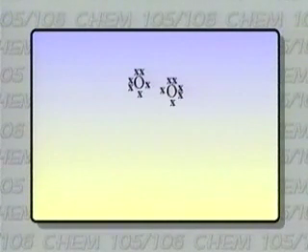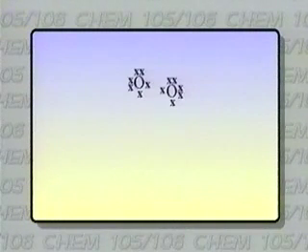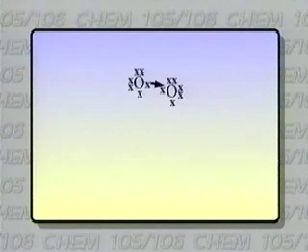This oxygen has 6 valence electrons, this one has 6 valence electrons. To be like a noble gas, they have to each have an octet, or 8. Well, again, this oxygen up here says, I'll share this electron with you and this one with you, provided that you'll share this electron with me and this one with me.